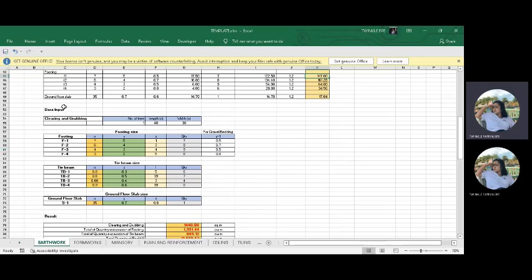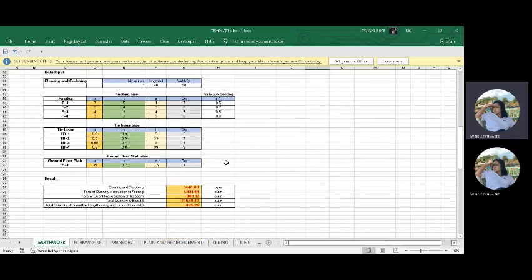And this is where we input the data, and the result we have created is: clearing and grubbing 1,440 square meters. We have the total quantity of excavation of footing 1,901.44 cubic meters. Total quantity of excavation of tie beam we have 849.12 cubic meters.